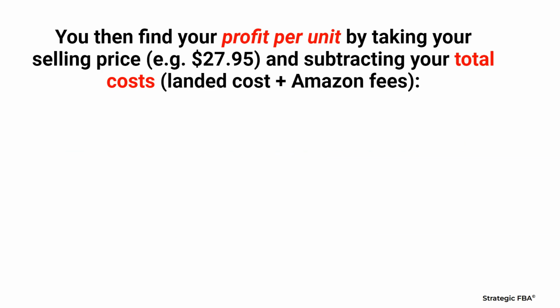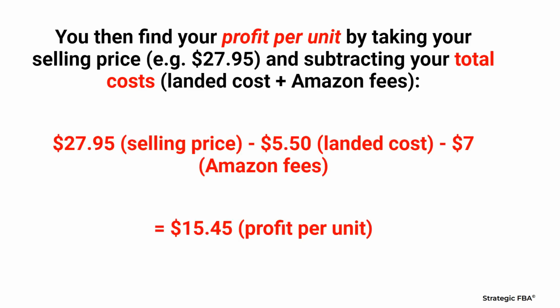So if your selling price is $27.95, you subtract your total cost from your selling price, taking away all of your associated costs, your landed cost, which is $5.50, and your Amazon fees, which is $7.